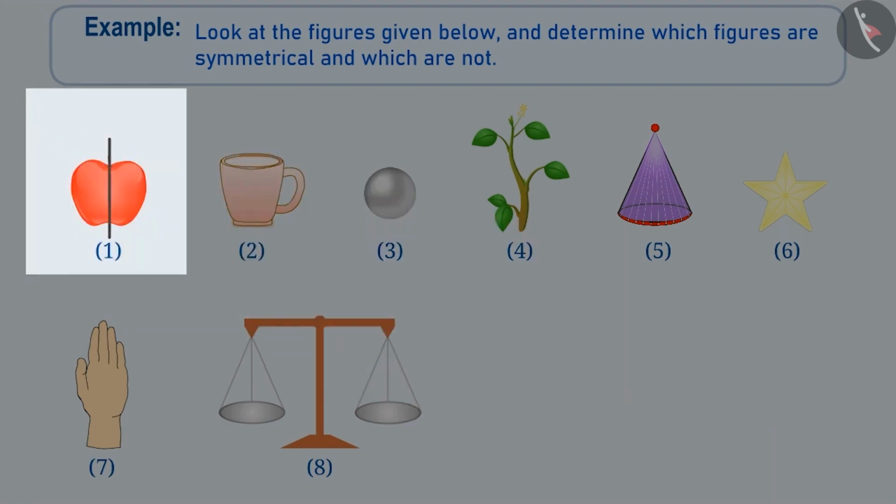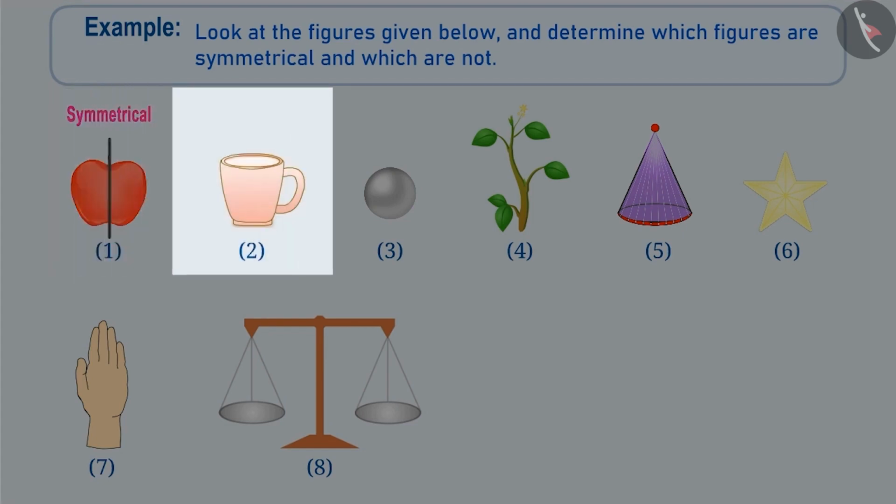We can make two parts of the first figure like this. Here we see that the right half and the left half are identical to each other. That is, they look exactly alike, and thus it is a symmetrical figure. Similarly, if we talk about the other figure, then here we have no way to divide this figure into two parts, which would be the exact reflections of each other or completely identical.